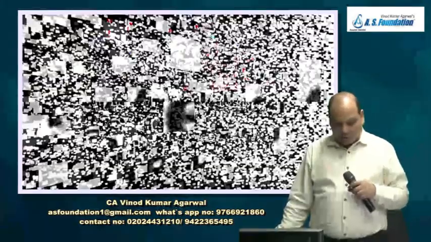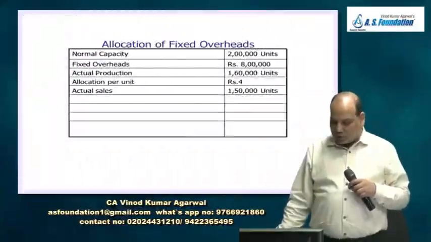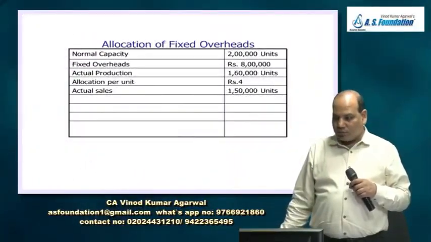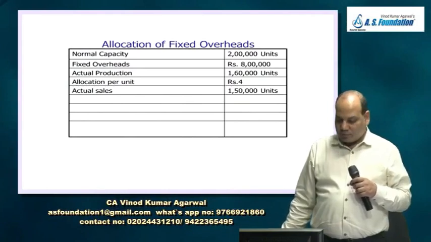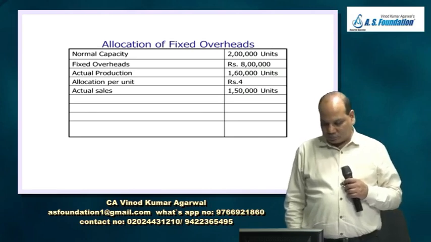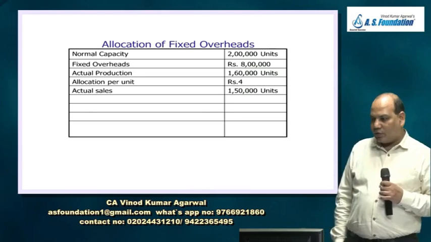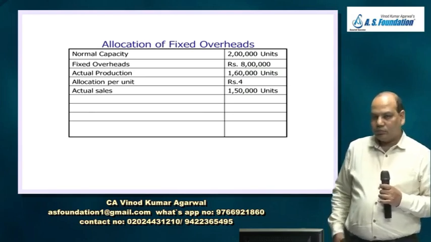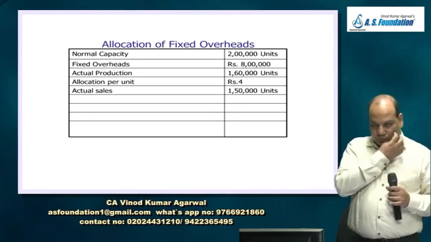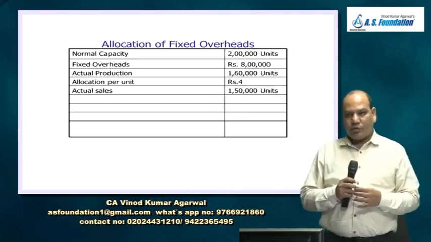So let us write the example 2, case 2. Write down normal capacity in case 2 column: 2 lakh units. Fixed overhead 8 lakh rupees. Actual production 1,60,000 units.